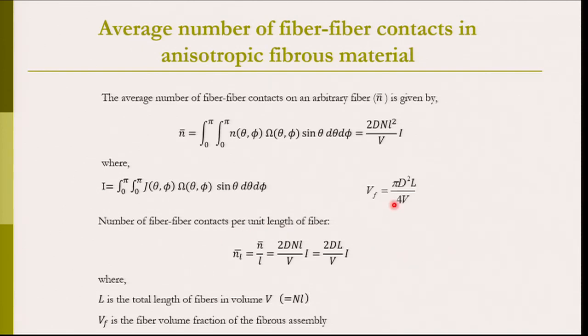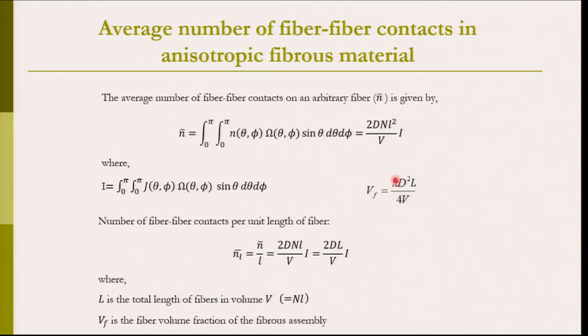For example, Vf in this case would be the fiber volume fraction, which is the volume of the fiber divided by the total volume of the fabric. So, the volume of the fiber, considering the fiber to be cylindrical, will be pi d squared by 4, which is the cross sectional area of the fiber, into the length of the fiber.